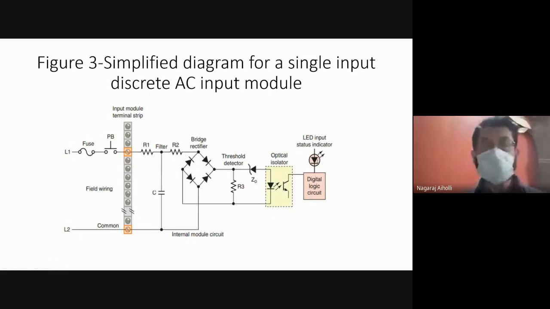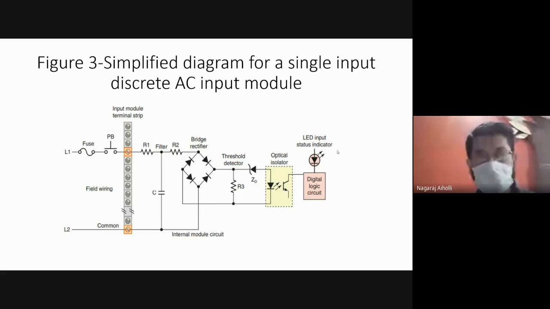Now tell me, students, whether the LED is turned on when there is no input signal here at L1 and L2. I am not applying any signal to L1 L2. Will the LED be turned on? Yes or no?